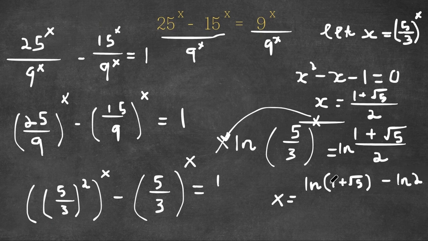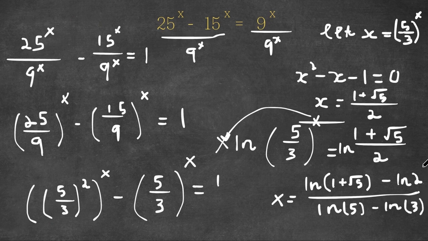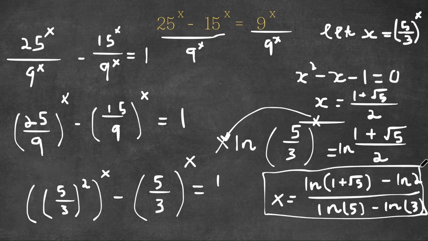Because when you're subtracting natural logs, or even normal logarithms, you simply divide them. So this is the same thing as this. And now this is going to be over, same thing for this, ln 5 minus ln 3. So this is our answer.